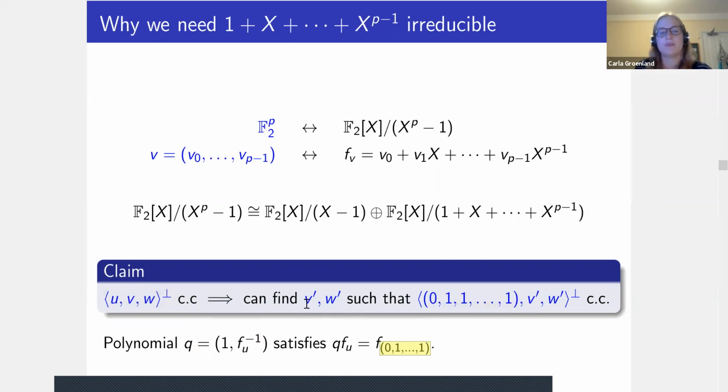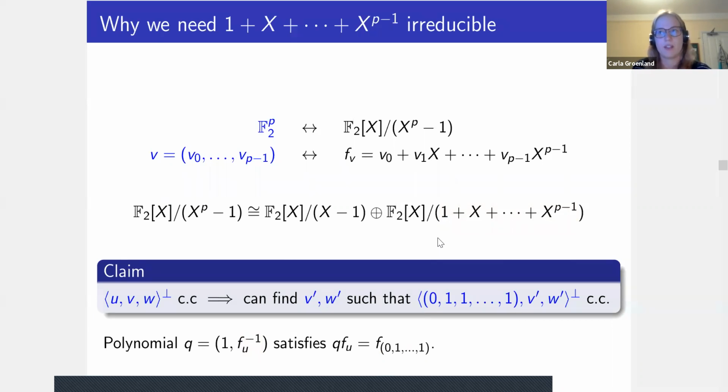And then v prime and w prime will also be defined like that by just taking the polynomial q and multiplying f of v and f of w. And then what we need to show is that this preserves the required properties. But the point where it really comes in is being able to define this polynomial q, which we want to be 1 mod x minus 1 and f of u inverse mod this other polynomial. And that's the only point where we use it.